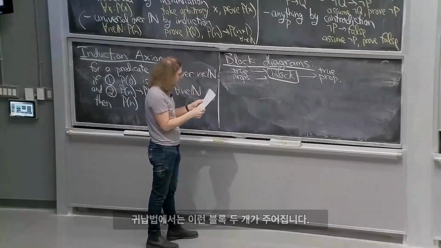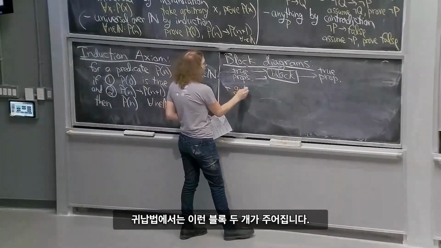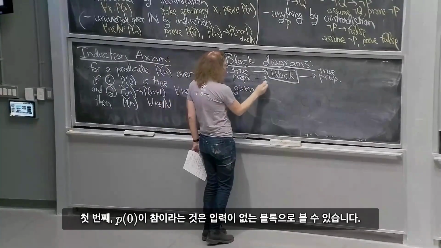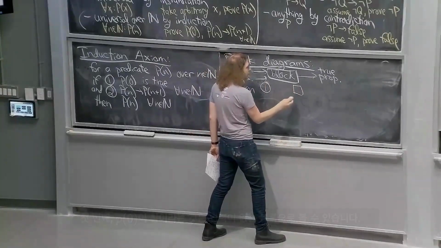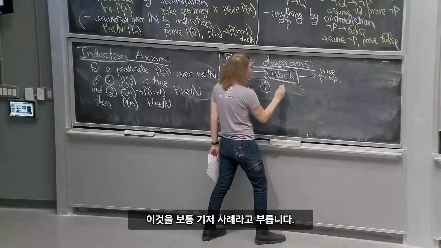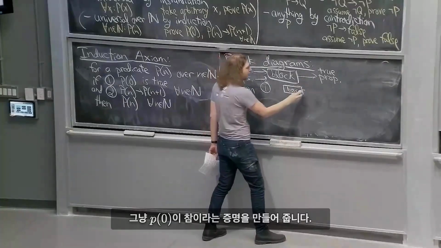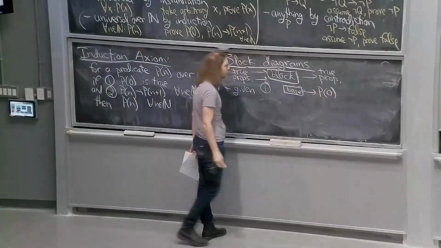Okay, so what's going on with induction is we're given two of these blocks, these two. So you can think of part 1, P of 0 is true, as a block that has no input. So this is what we normally call the base case. It doesn't need to assume anything, and it just produces for you a proof that P of 0 is true.